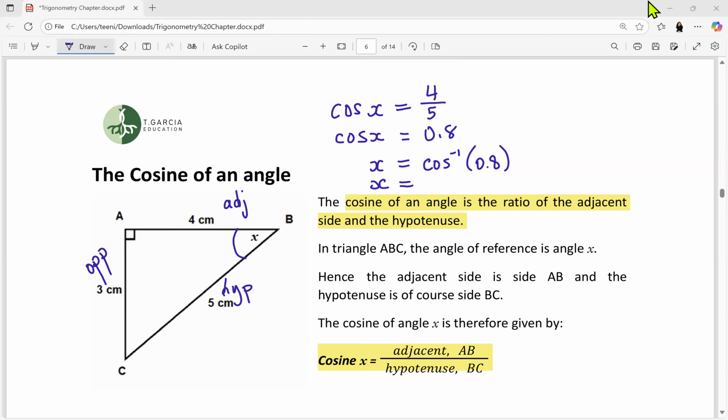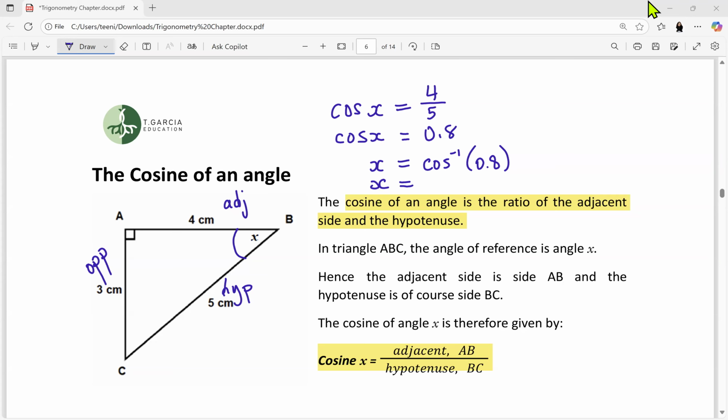36.869. Yes. Joshua, you send the pictures yet? On WhatsApp? Oh, yeah, now I got it. Okay, good. So Joshua, you seeing where sine, cos, and tan is?